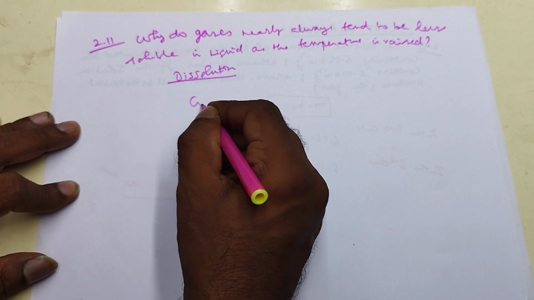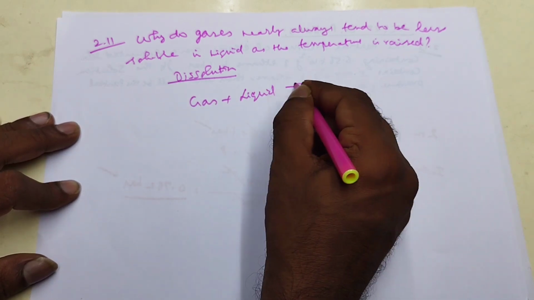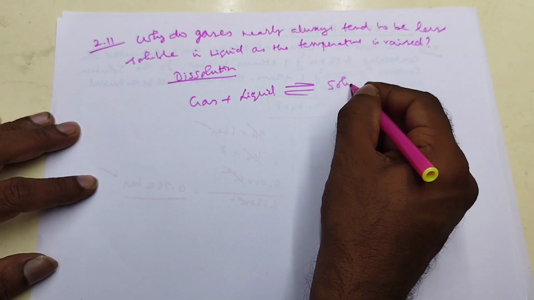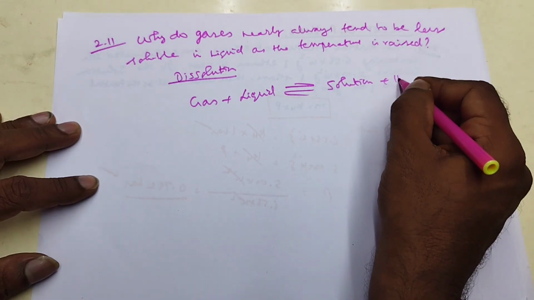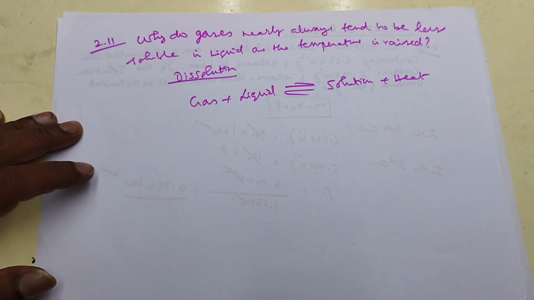Say for example, gas in liquid gives solution plus liberation of heat. So this process is known as dissolution. So here, why do gases nearly always tend to be less soluble in liquid as the temperature is raised?